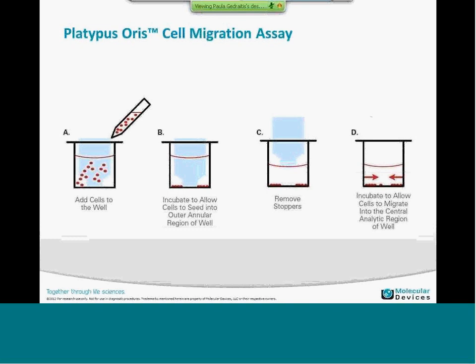There's a plug that you put into the wells in your plate, and then you add your cells around the plug into the well, incubate them, and allow the cells to seed in basically this outer ring around the plug. Then you remove the stopper, and you'll have a hole in the middle of your well. It incubates over time with that plug removed under different treatment conditions, and you see how much the cells migrate back into that hole.